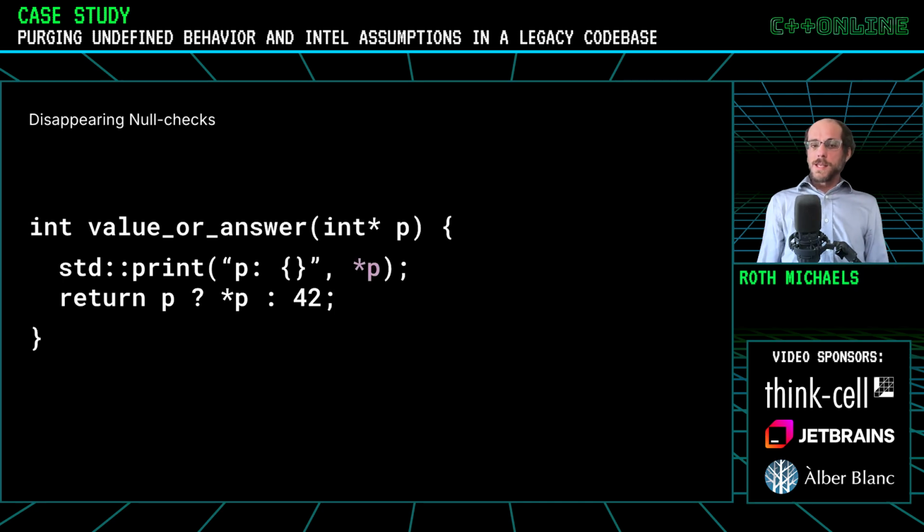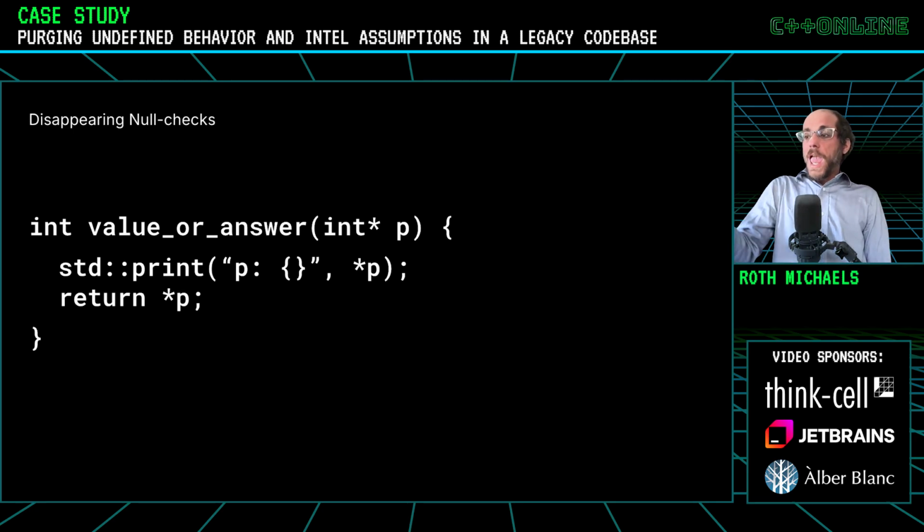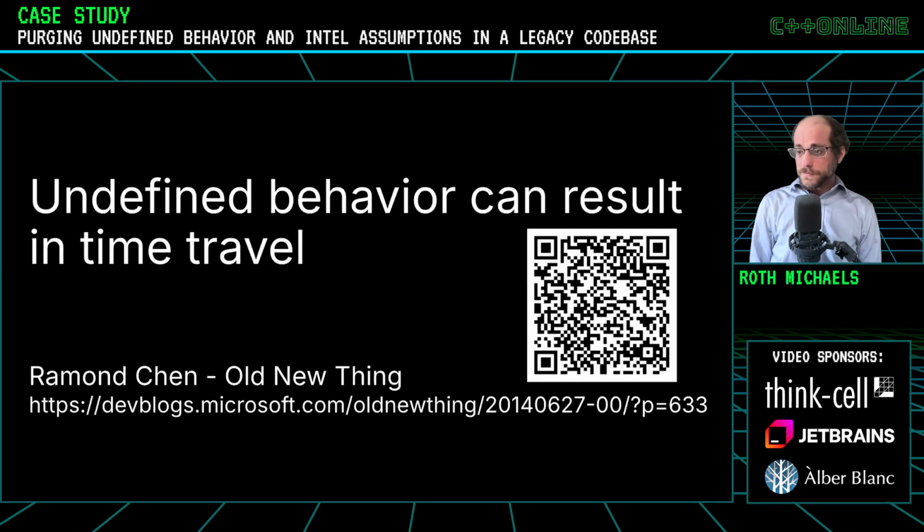But at some point, someone came along and wrote some logging here, and they dereferenced P before the if below, for this print statement. And that means if P is null, that would be undefined behavior. So again, the compiler is allowed to assume in this case that, oh, well, P can't be null because we're printing it. Therefore, we can get rid of the if and just return the value of P in all cases.